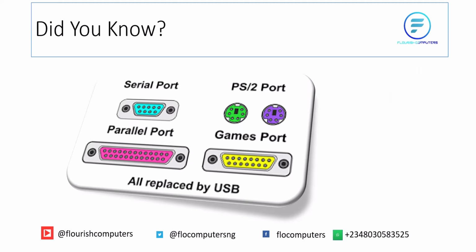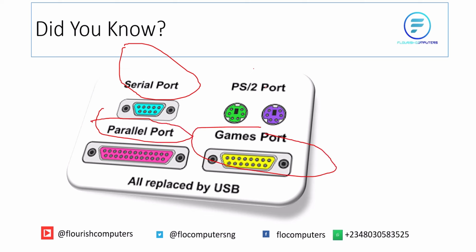Now, did you know one thing? The PS2 port I just showed you, the serial port we talked about earlier, as well as the parallel port and the game port, all of them have been replaced by what? A USB port. So with a USB port, you don't need to worry yourself about all of this any longer.